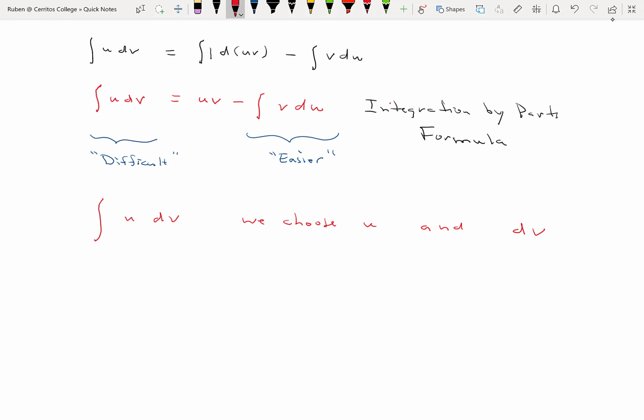Well, generally we do this, and I have another device for you after this, but generally we pick u as something that becomes easier. I'm going to leave that word undefined. Easier when differentiated, when we find its derivative. When differentiated.